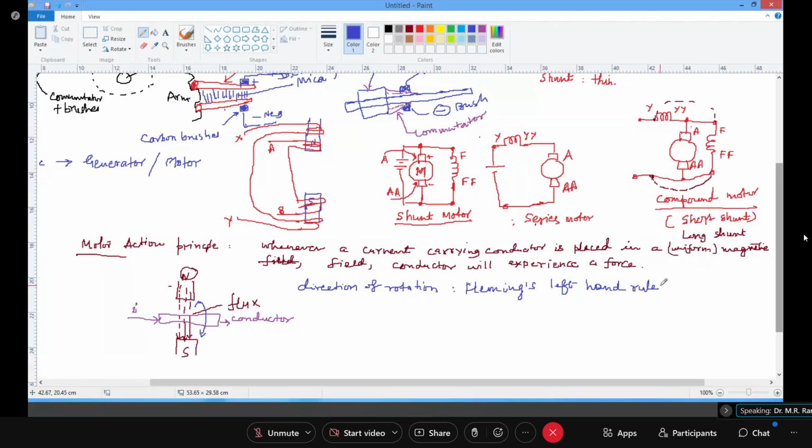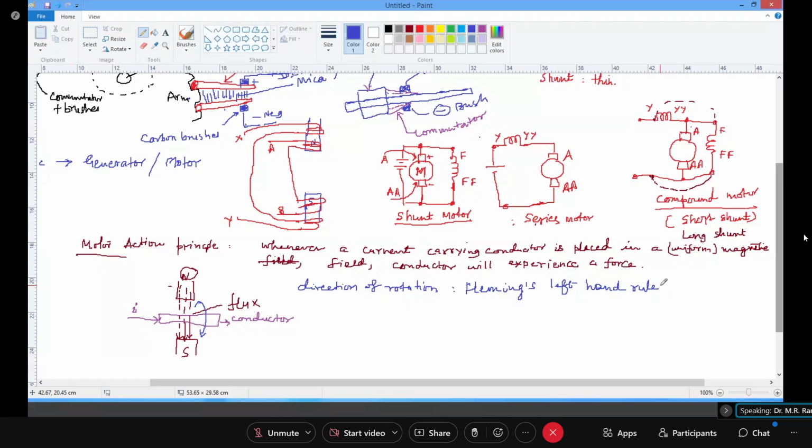When a current carrying conductor is kept in a magnetic field, force is applied on it, and the direction of force can be determined by using similarity. If we move a conductor in a magnetic field, electrical current will be induced in it. Oh, okay. That is the basic principle.